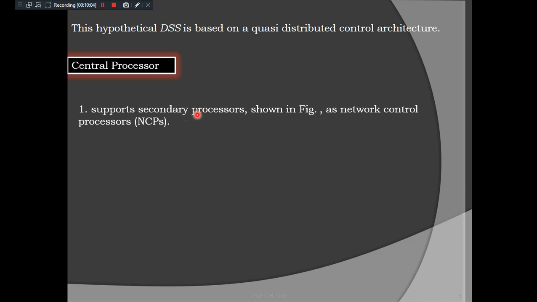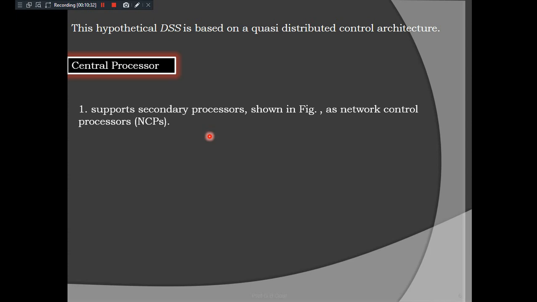Secondary processors, because NCPs are normally connected: NCP1 to NCPN, many NCPs will be there, and each NCP is going to look after a set of line modules or trunk modules. If one NCP is hampered, then that group of TMs or LMs will be affected.